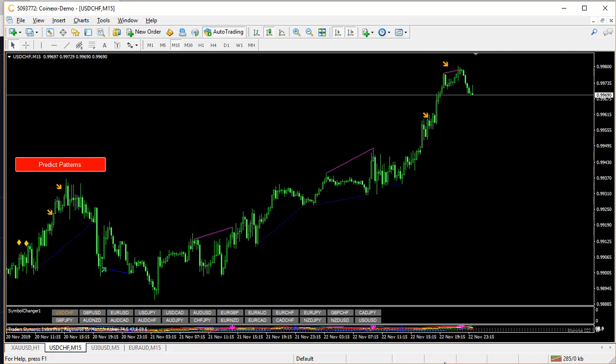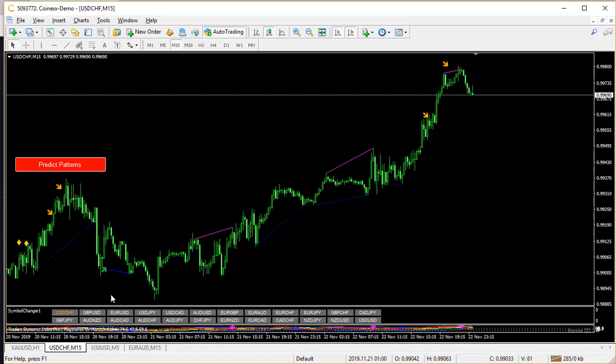Mainly, I'm interested in the Cipher and the Bat patterns, and if I don't see any of those, then I will potentially look for Butterflies and Gartleys. Okay, so this is the indicator that I've been using.